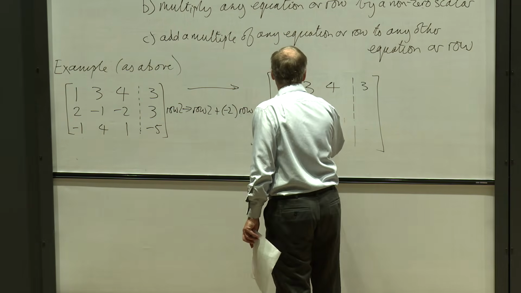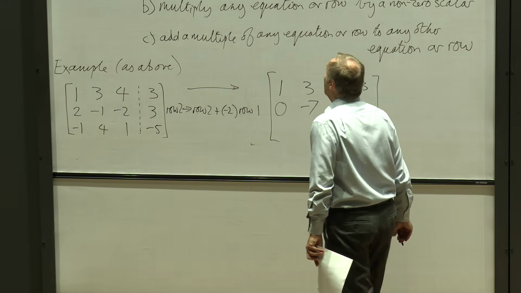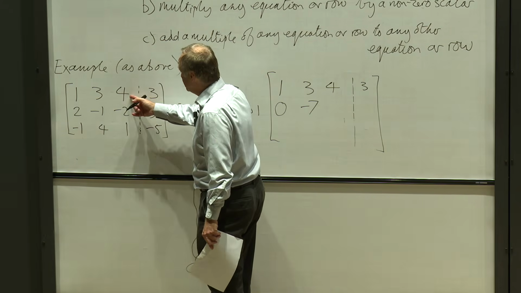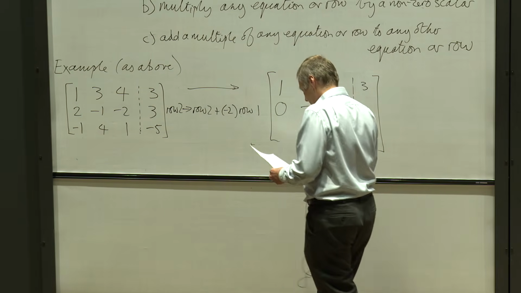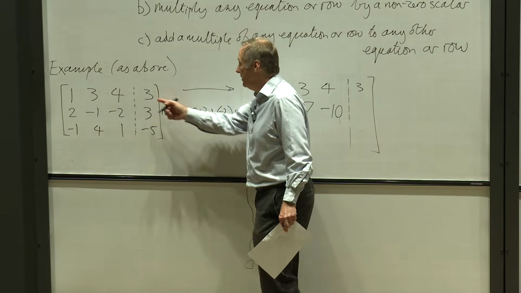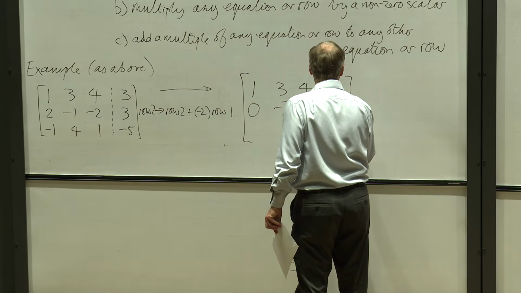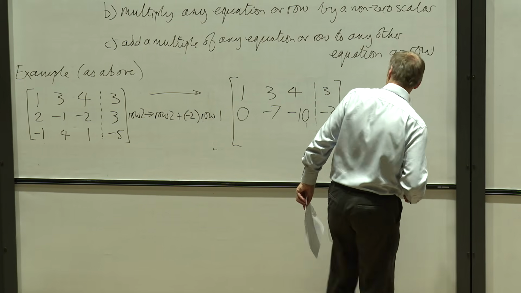That's minus 6. That gives me minus 7, as far as I can see. And again, minus 2 lots of this gives me minus 10, I think. And then 3 minus 2 lots of 3 is minus 3. Okay?